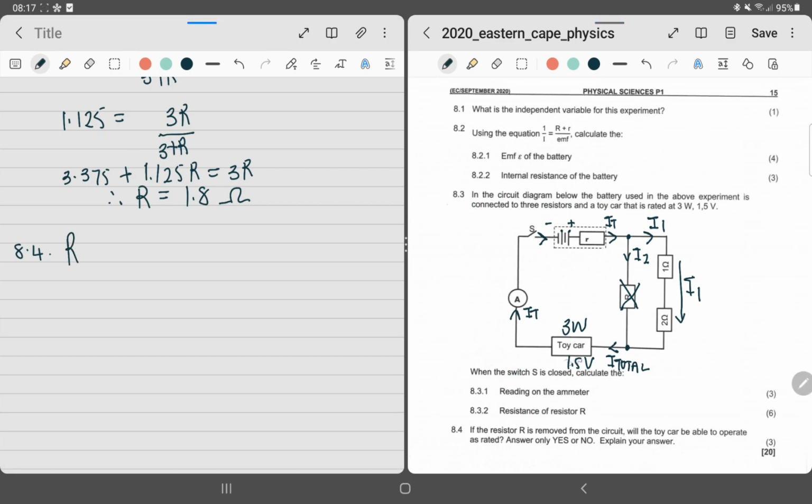So R external increases. That's the first thing that we look at. It means that the current should decrease. If the current of the circuit decreases, then the toy will not be able to operate.